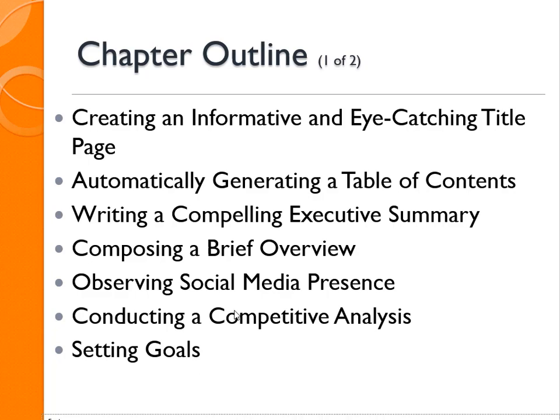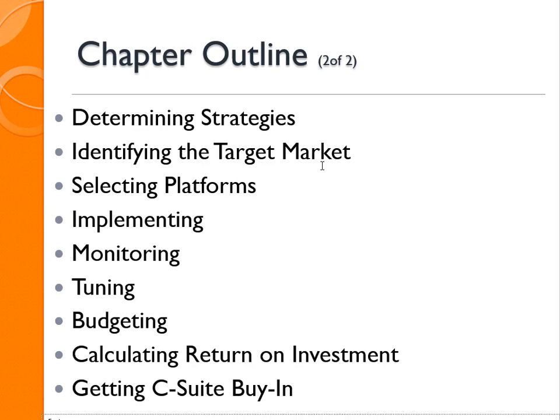We will also cover what it means to do a competitive analysis, then setting goals, and then determining strategies based on that competitive analysis, and the different things we've been talking about all along, putting them all into the plan.